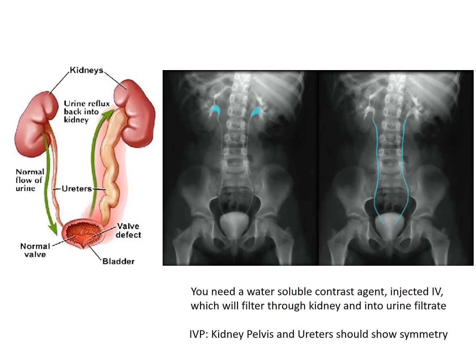So here's an example of hydronephrosis. Look at the animated graphic on the left. You can see the normal side and then the abnormal side. Somewhere on that abnormal side, there is an impairment of urine flow out of the kidney.